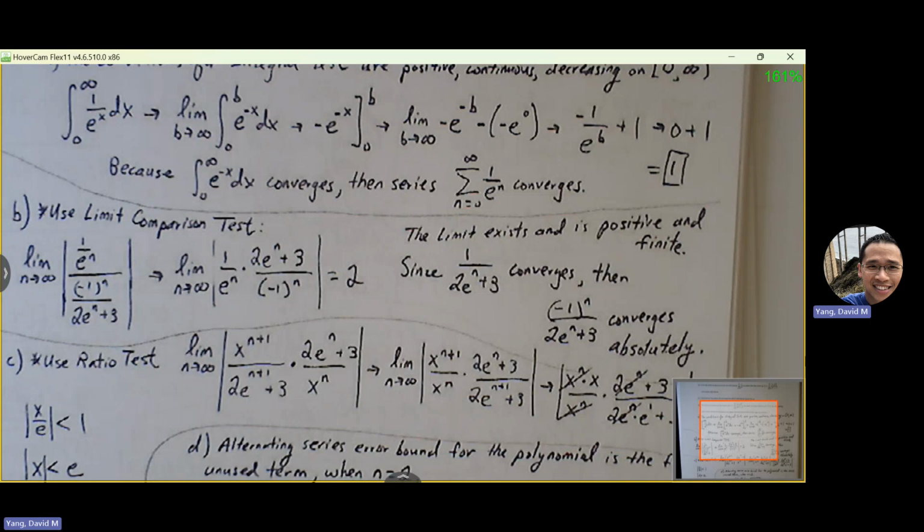But both absolute and conditional convergence, they both converge for that series. Any questions with A or B?